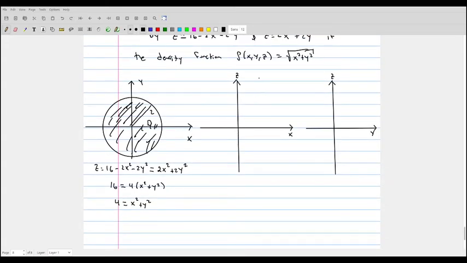So the y trace, and say when y equals 0, you're going to see the function z equals 2x squared for a lower bound. And this point right here is -2 and +2.